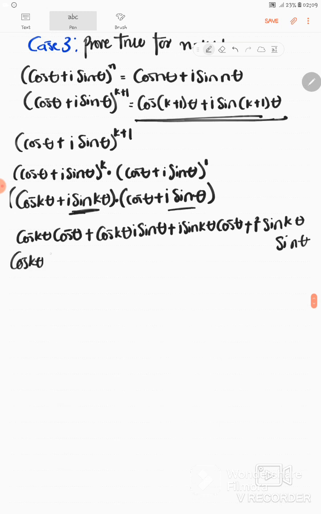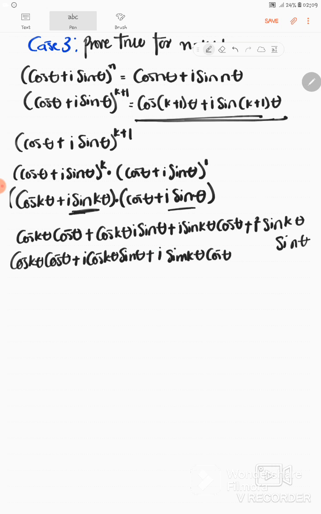cos k theta cos theta plus, I'm bringing this i out, plus i cos k theta sine theta plus i sine k theta cos theta.